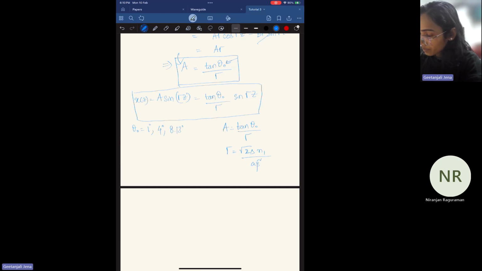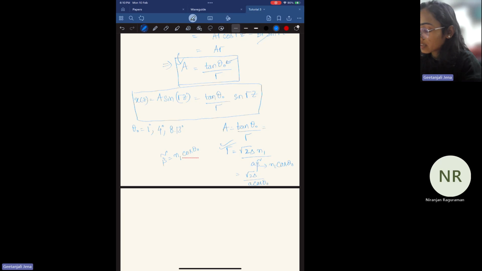Now if you want to express it in terms of the launching angle only, you can write beta tilde with the initial condition as n1 cos theta 0. If you put n1 cos theta 0 here, you have root over of 2 delta by a cos theta 0.